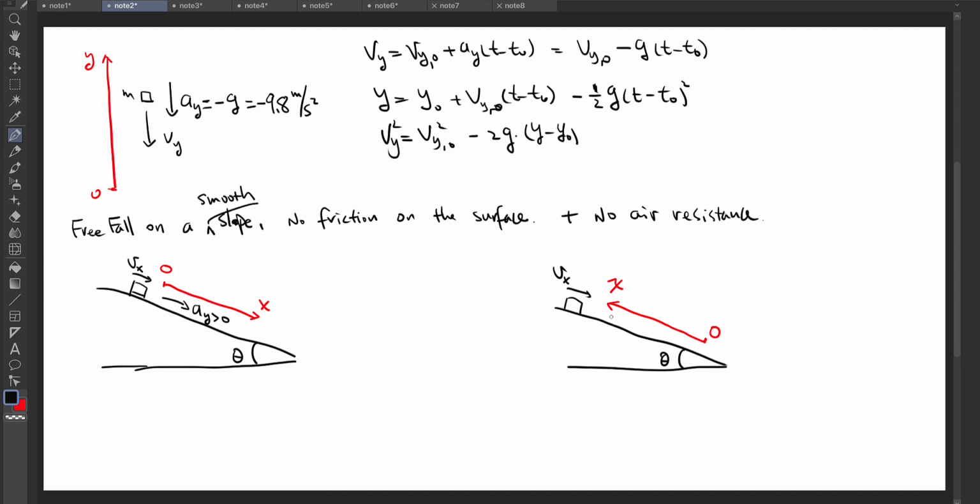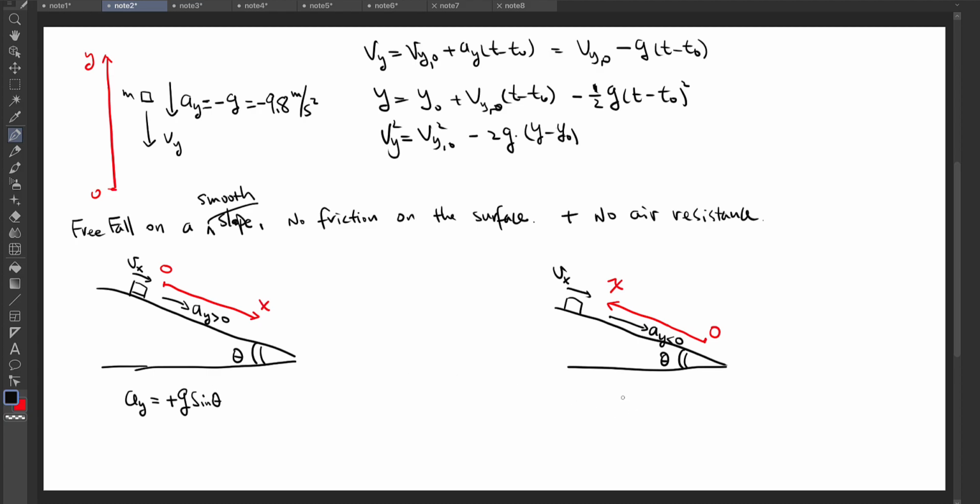But in this case, ax will be negative, right? Because it's against the x-axis. Now we can also use this angle theta to write down the actual expression for this acceleration. In this case, it is given by g sine theta with a positive sign.